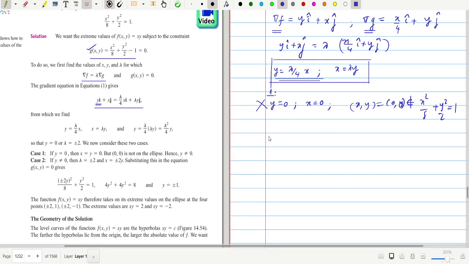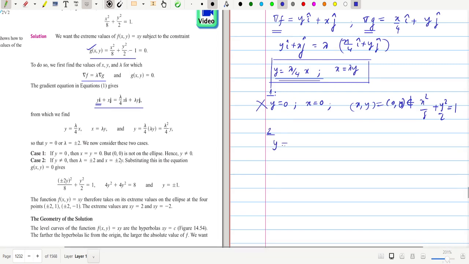In the other case, case 2, if you take y not equal to 0, then you can substitute this equation into the other and solve for x.